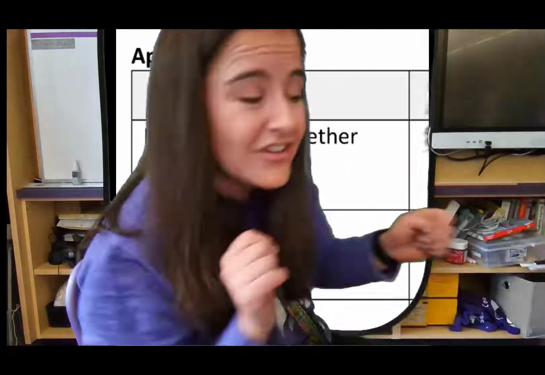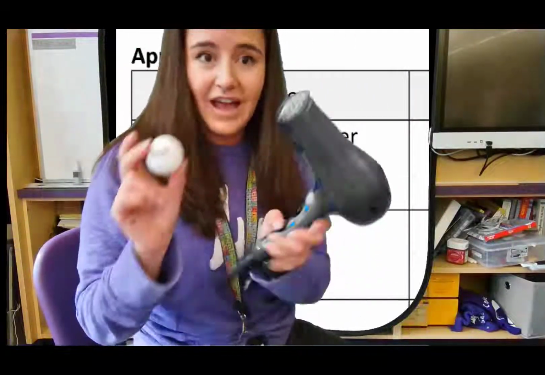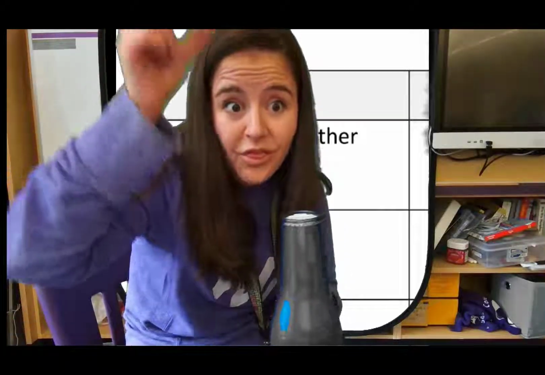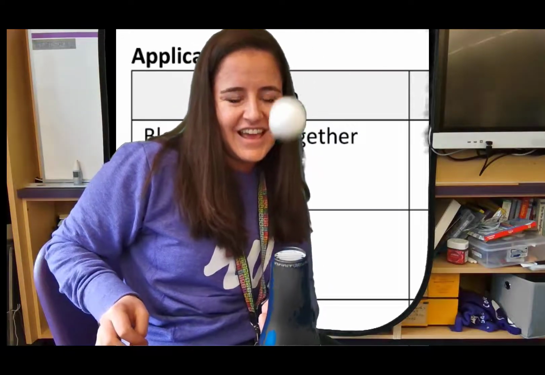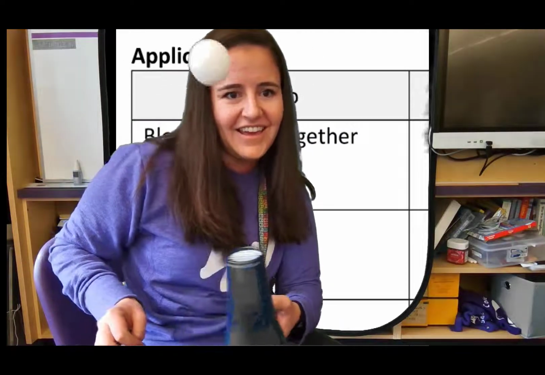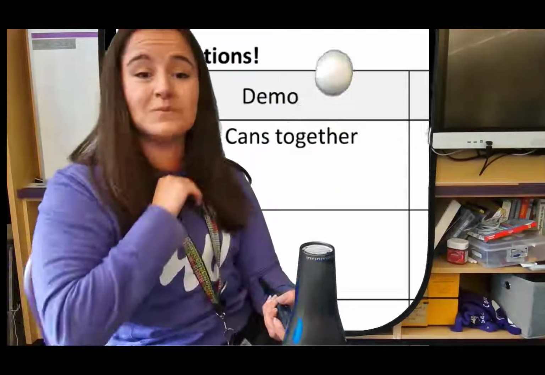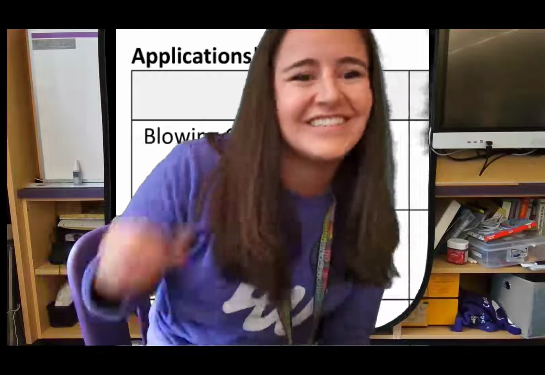And you can even do this to levitate a ping pong ball. So I have a blow dryer here. It's going to create a stream of air with lower pressure. So when I put this ball there, it will stay in that stream of lower air pressure. Pretty cool.